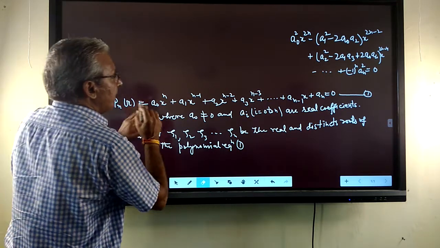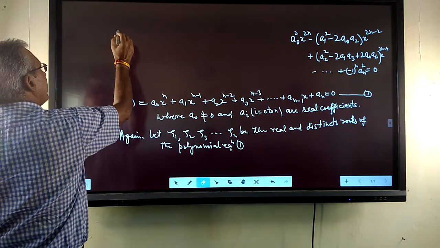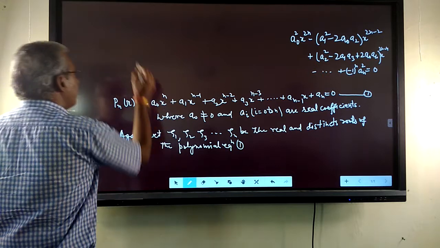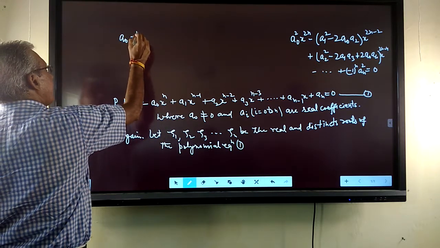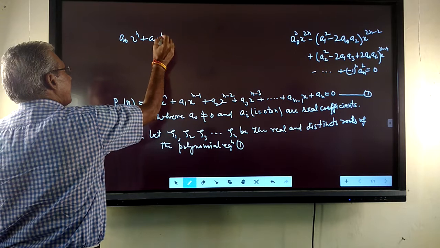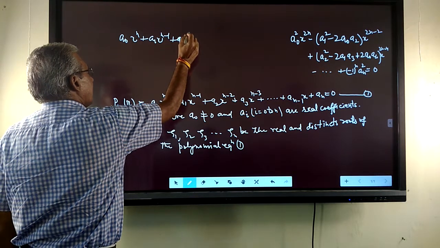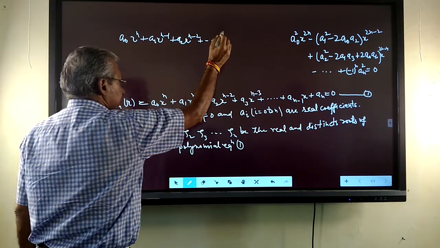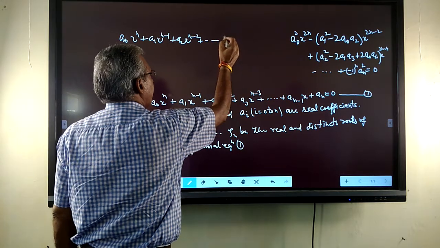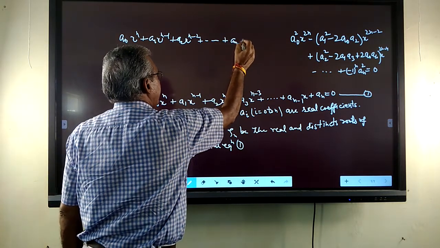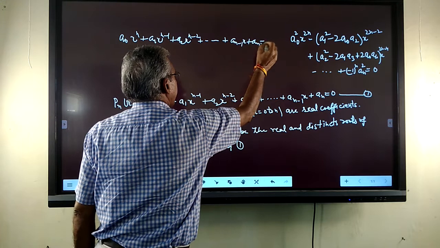This is the given polynomial equation: a0 x to the power n, this is a1 x to the power n-1, this is a2 x to the power n-2, plus and so on, a(n-1) x plus an equal to 0.